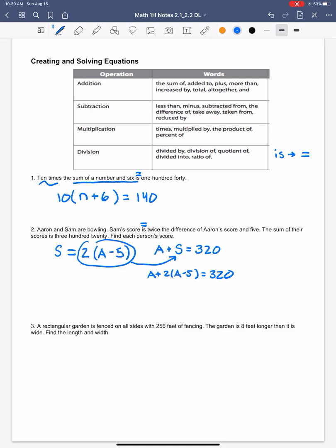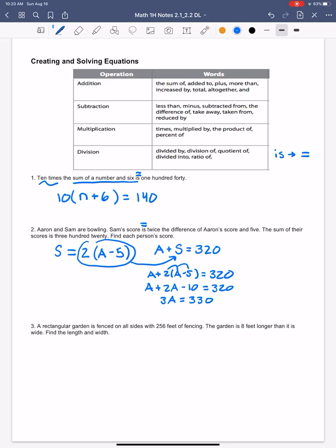And then I can go ahead and solve this. Distribute the 2, so I get A plus 2A minus 10 equals 320. Continue solving here. A plus 2A is 3A. I'm going to add 10 to the other side, equals 330.